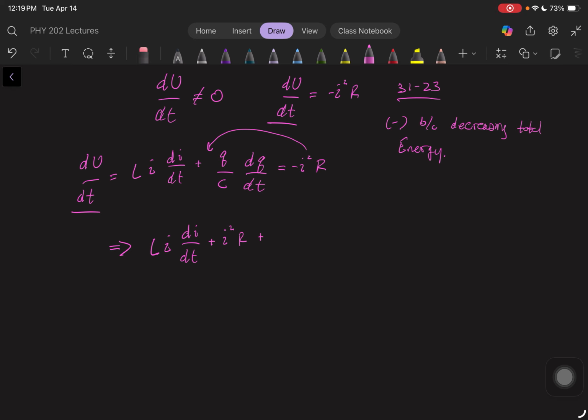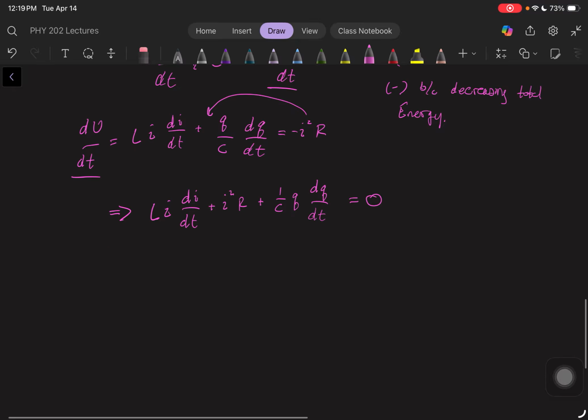And so we have 1 over C times q times dq/dt is now equal to 0. Right, and so now we have something equal to 0. That's always a good thing. And we can make some substitutions, right? We can say current is equal to the change in charge, and then we can say the derivative of current is equal to the second derivative of charge. Nothing new here.